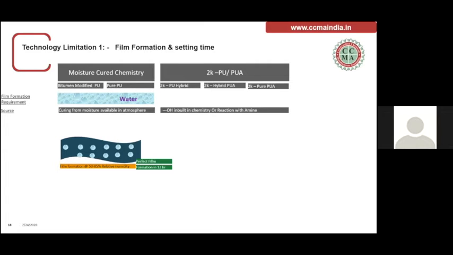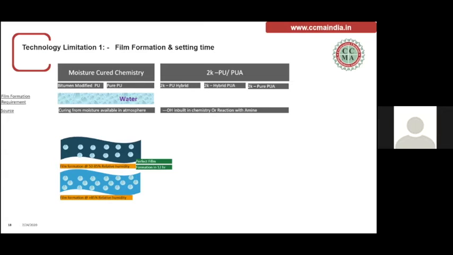But we have to think about a place like Mumbai or a seashore area near Goa, where the relative humidity exceeds 85%. If you go for a single component chemistry there, it will absorb so much moisture that the film formation will be more porous in nature.